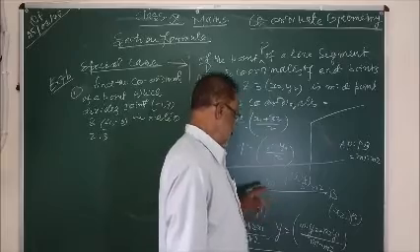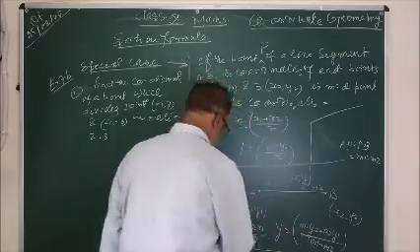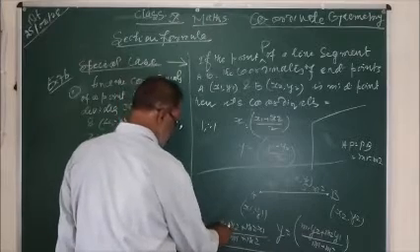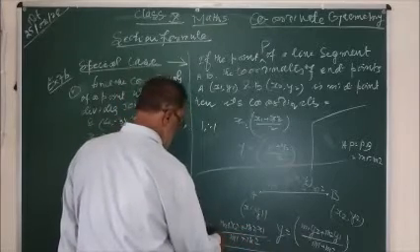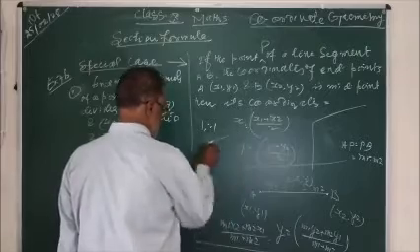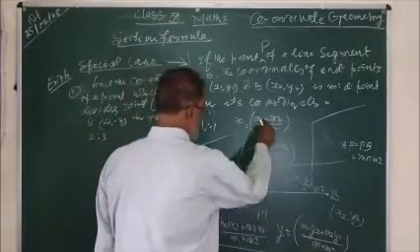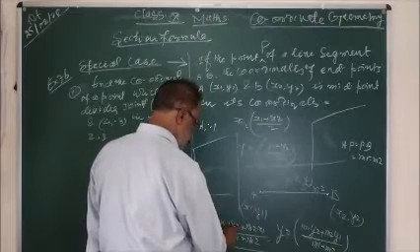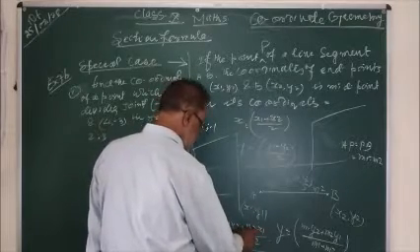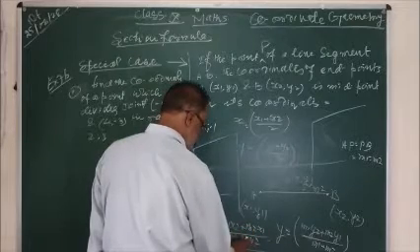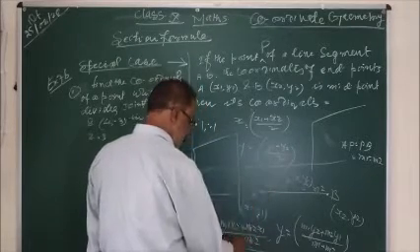Then the coordinates will be, you put the values M1, M2 as 1. So the coordinate of this special case will be x1 plus x2 into 1, that is x1 plus x2, upon 1 plus 1, the ratio, that is 2.